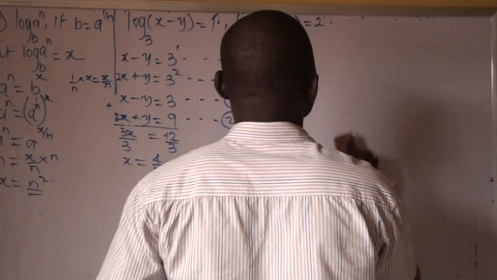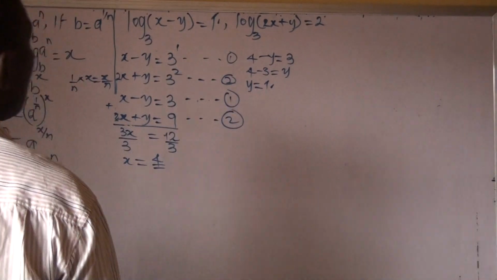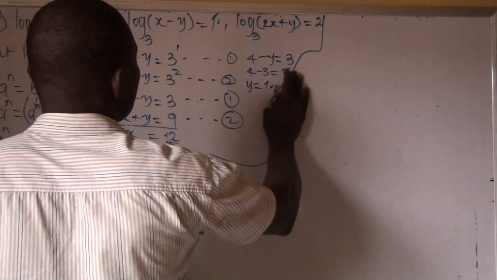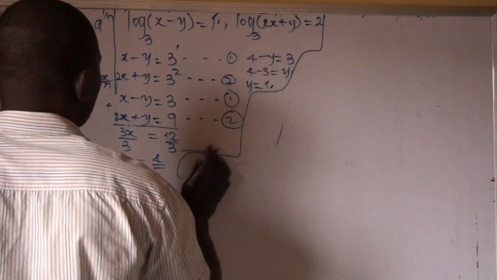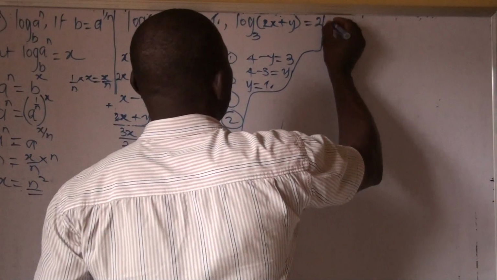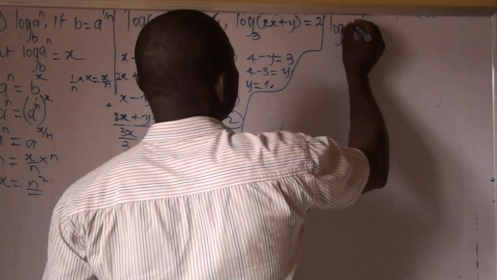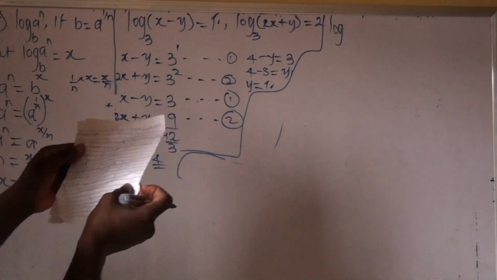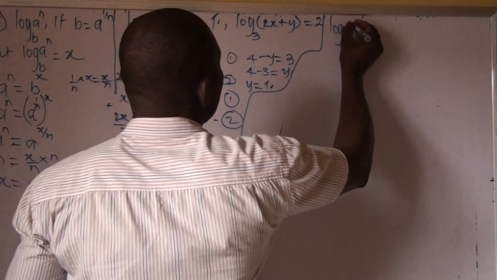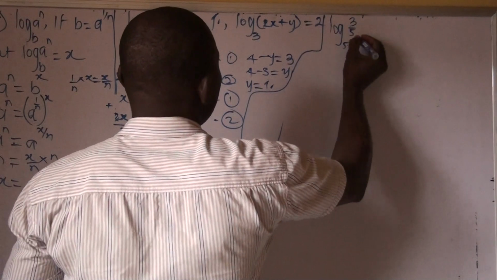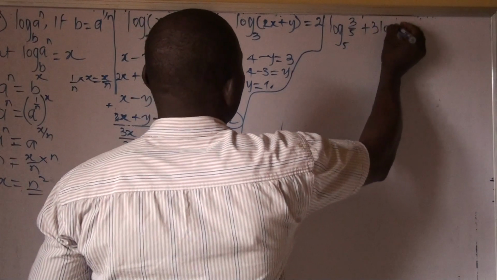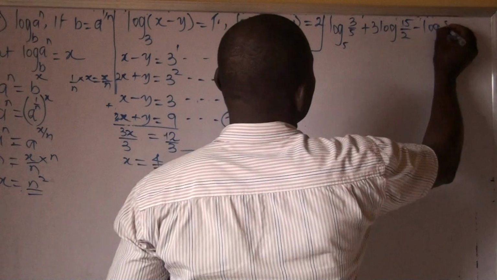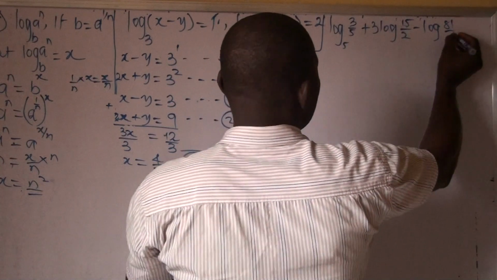The other question we're going to look at is: evaluate log 3 over 5 base 5 plus 3 log 15 over 2 minus log 81 over 8.